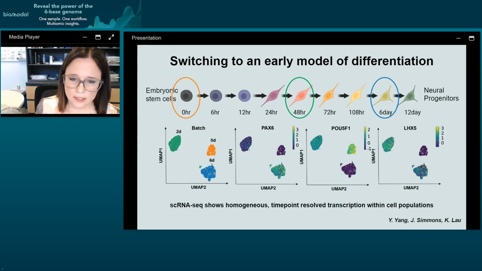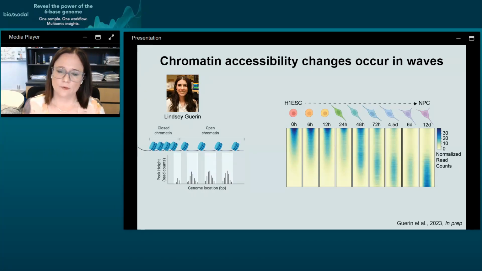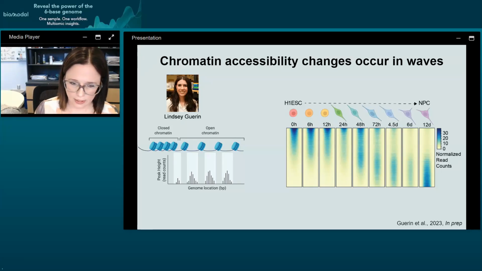So these are the time points that we actually collected and performed ATAC-me on. I think it's about 9 different time points, from 0 hours to 12 days. The first thing that we do when we analyze the ATAC-me data is look at the changes in chromatin accessibility.